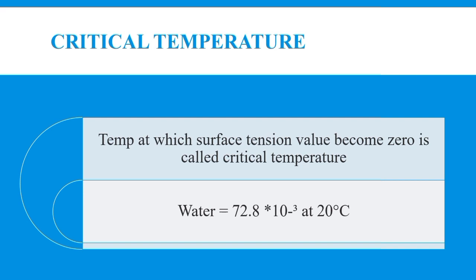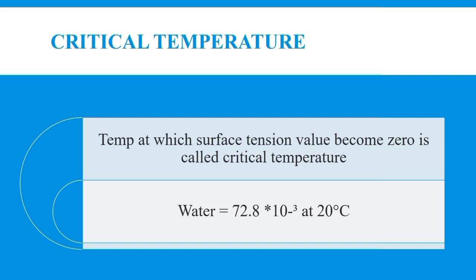When we go on increasing the temperature, a point is reached at which the molecules move so fast and randomly that the attraction between them decreases to zero, and at that time the surface tension becomes zero. That is the critical temperature.